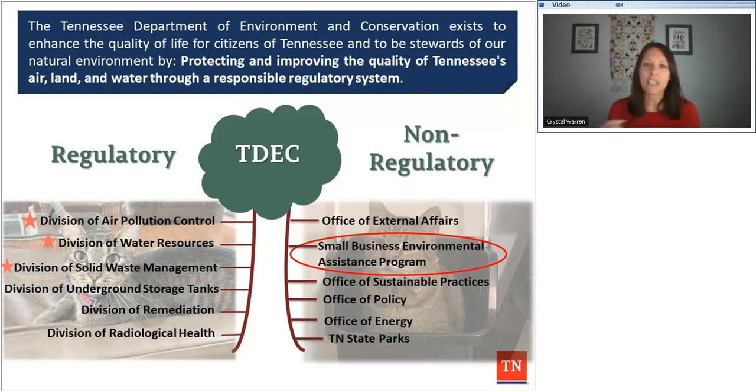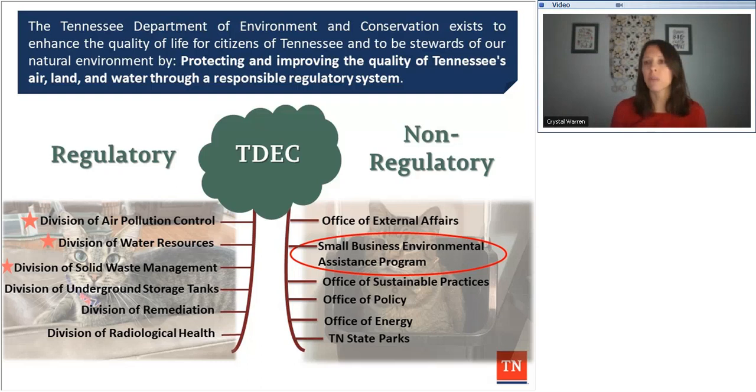To further explain where our 2,700 staff are located, we have a regulatory section and a non-regulatory section. Caleb and I are in the non-regulatory section. We mentioned we're in the Office of Sustainable Practices. I and my colleague Donovan are in the Small Business Environmental Assistance Program, highlighted here on the right. Where the agritourism sector may get involved with TDEC is more so on the regulatory side, in addition to using us as a resource.